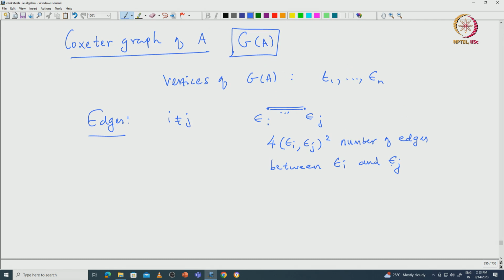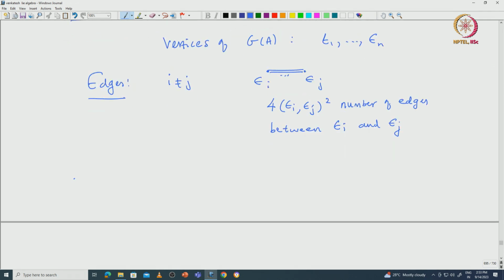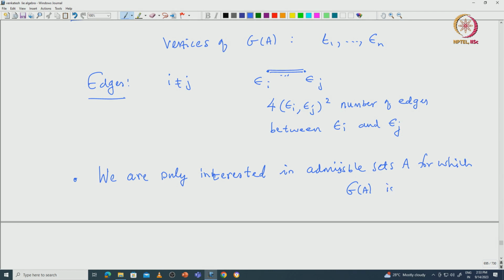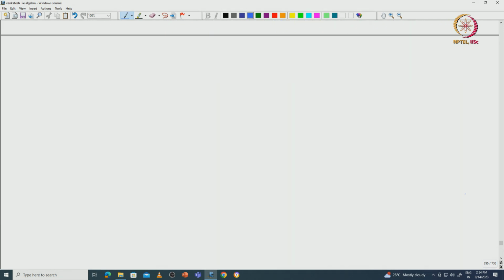So, we will just focus on admissible sets capital A for which G of A is connected. That is the underlying assumption.